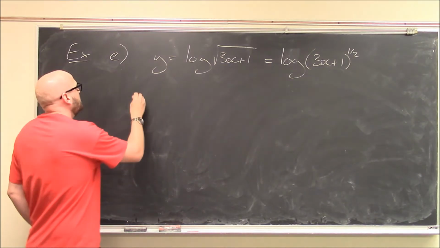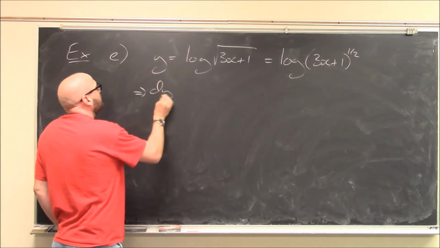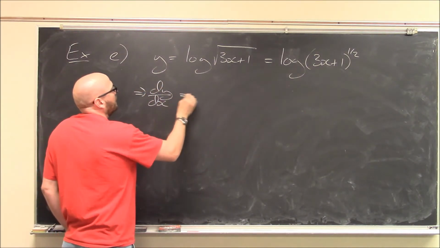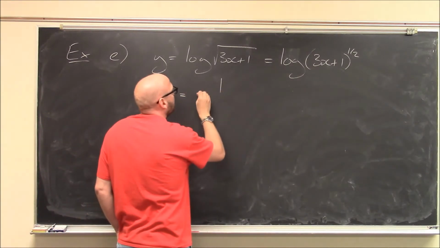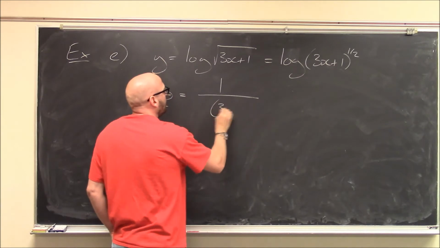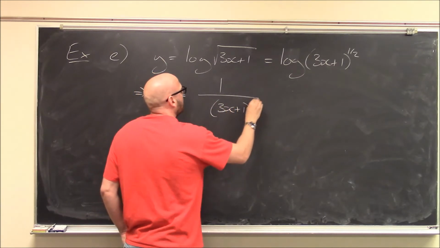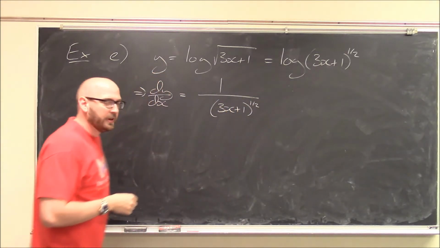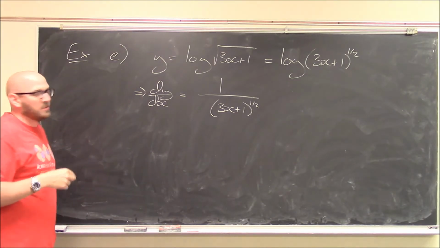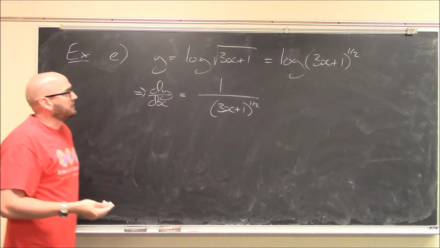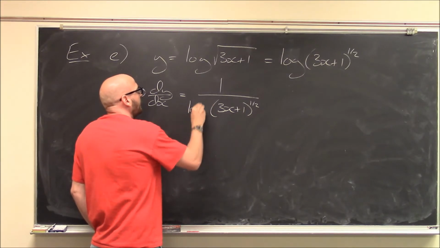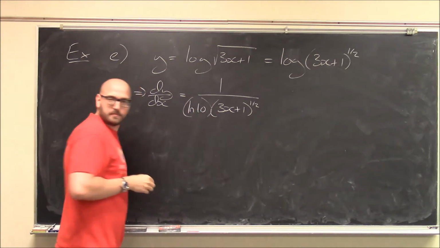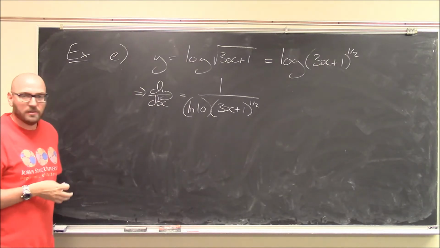And we'll differentiate it. So dy over dx is 1 over the inside function, right? 1 over the inside function, 3x plus 1 to the 1/2. But remember, this isn't natural log. This is log base 10. So I need ln of 10 out front there in the denominator.